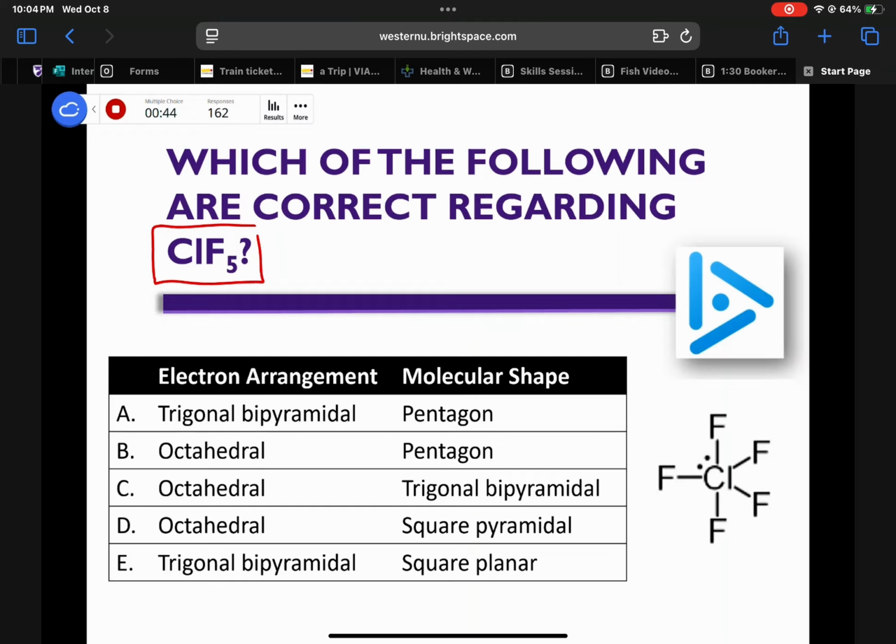And we now have the Lewis structure on the screen, so you can move on to electron arrangement and molecular shape.